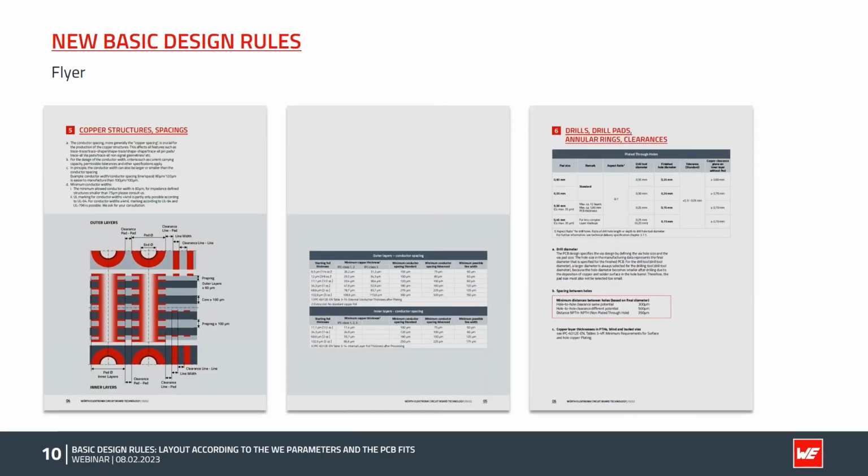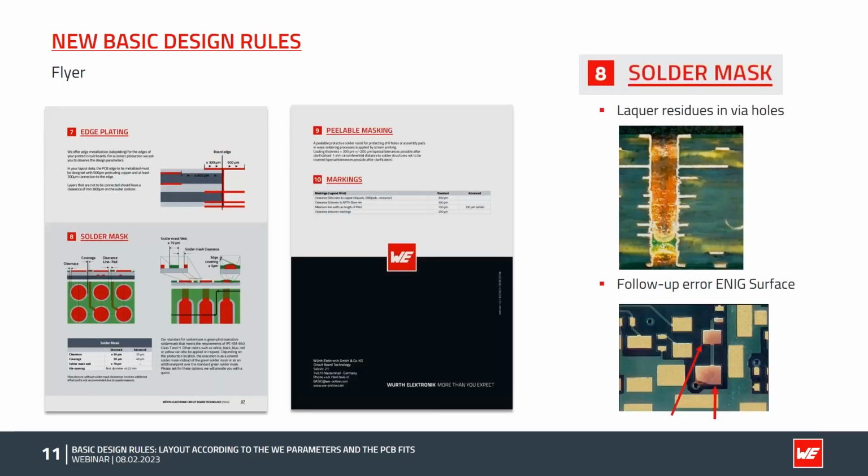So pages 4 up to 6, we can find information about copper structures and especially spacings. We will come to this point soon in more detail. We also can find information and rules covering drills, drill pads, annular rings, and clearances. And the last 2 pages covering edge plating, solder mask, peelable masking, and markings.